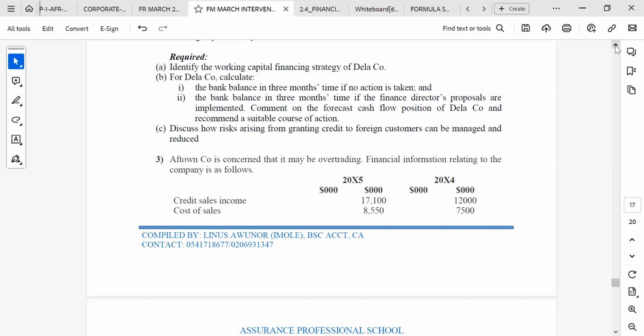So if the revenue is increasing at a margin that is not normal, we say the company might be overtrading. There will also be excessive reliance on bank overdrafts. So the company will be relying on short-term debt than long-term debt.